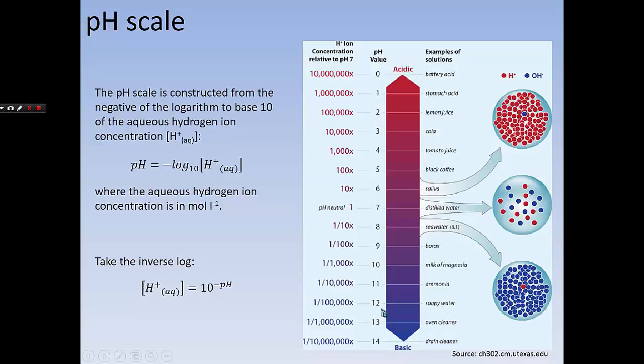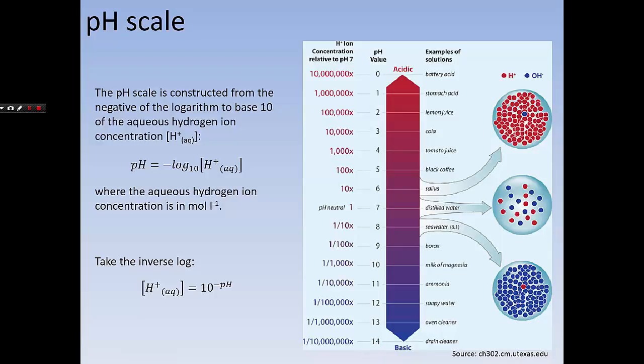By using the pH scale, aqueous hydrogen ion concentrations that may differ by 100 million are converted into numbers on a scale which runs from just 0 to 14.